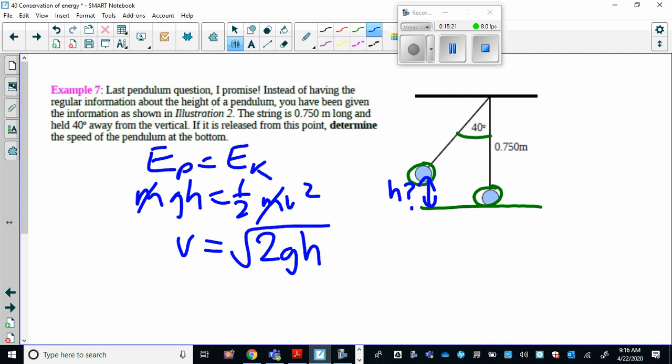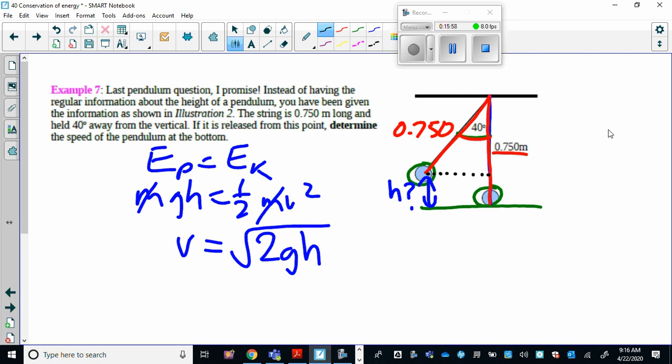But our common sense and some trigonometry will allow us to calculate the height of the pendulum, because we know that this, from here to here, is 0.75, then obviously from here to here is also 0.75. And we know this angle here, let's just do a little dotted line here. There we go. You can probably see how this is going to work now.